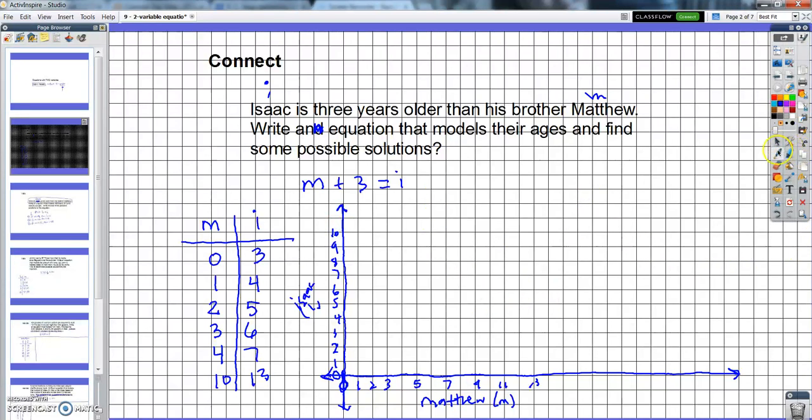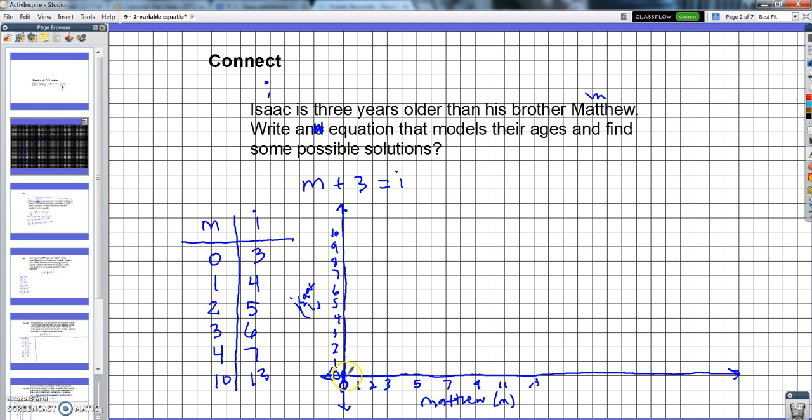And so what we do, we take these points on the chart and we can just put them on the graph. So I can go to the point where Matthew's age is 3. Nope, sorry, Matthew's age is 0, so I don't go anywhere on here.